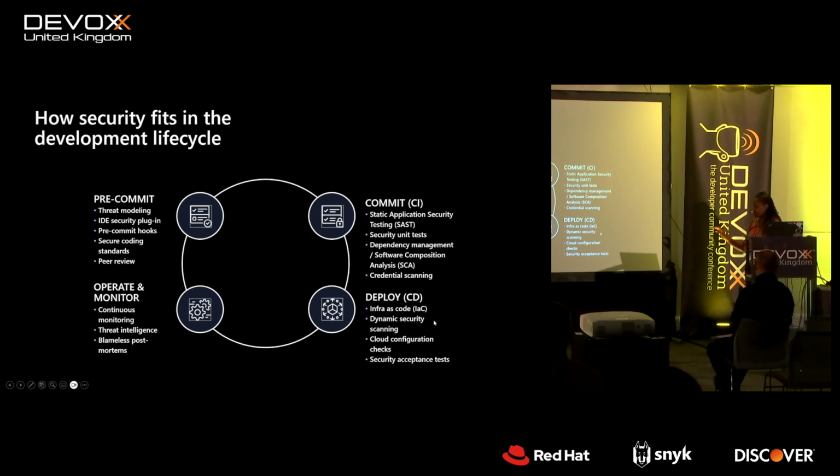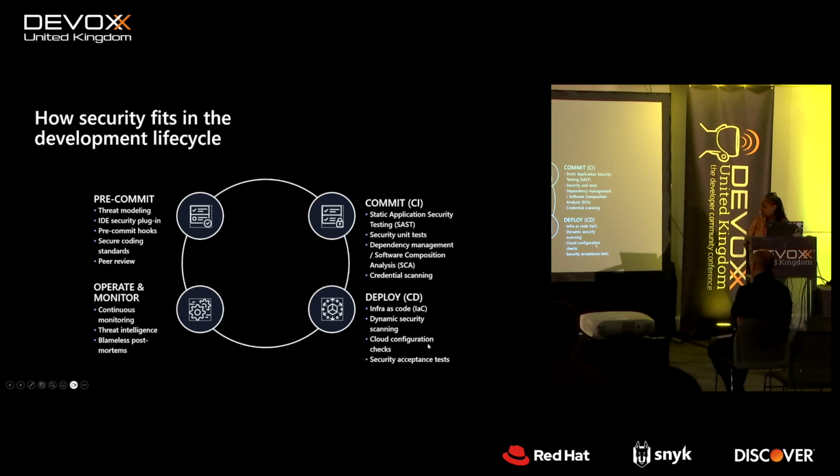And then in the deploy, this is where we look at whatever infrastructure that you're spinning up. You have to make sure that it's secure by default. And you have to look at dynamic security scanning as well. So whenever your application is already deployed, let's say in a staging environment, we have scanning tools that can go in and crawl and try to fuzz all your inputs to see the reaction of your application.